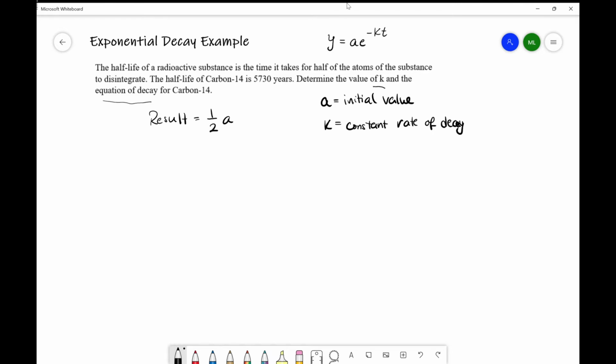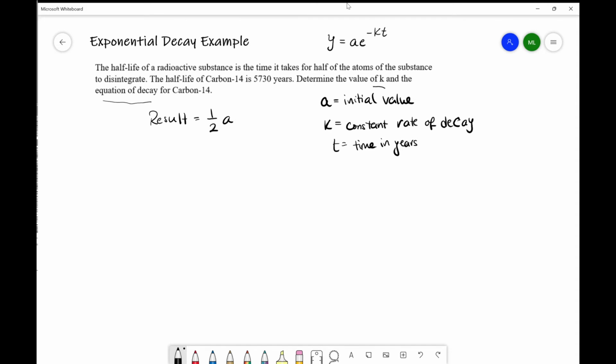Wow, that handwriting, you may already know I do not have the best. And t is time in years. This is what we talked about last time about exponential decay and exponential growth, where a, k, and t were each covered. So that was just a refresher.